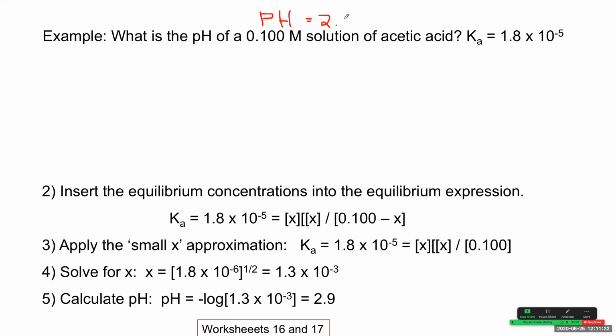The reason I want to write this down is because we're going to do lots more problems on the worksheets that have to do with 0.1 molar acetic acid solution, and I want to remember this. I'm going to write it on a worksheet someplace. I do have it written down, so that's okay.